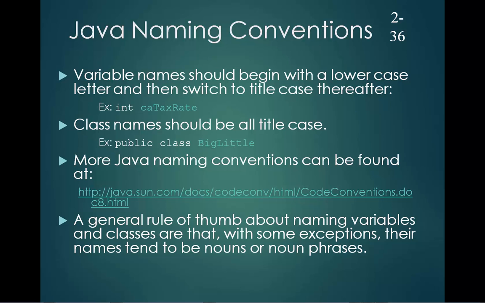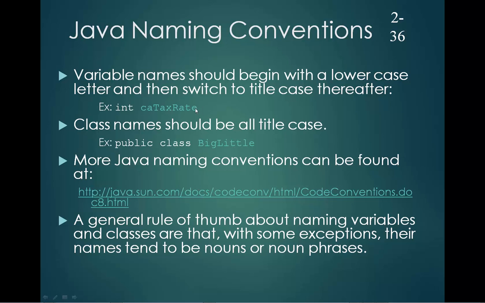Okay, there are some standards of practice in naming things in Java that we will follow in this class. When we create variable names, we always begin variables with a lowercase letter. So California tax rate may be created like this variable: CA, standing for California, lowercase, and then capital T, capital R. Notice that because we can't have spaces in variables, we have to run everything together.